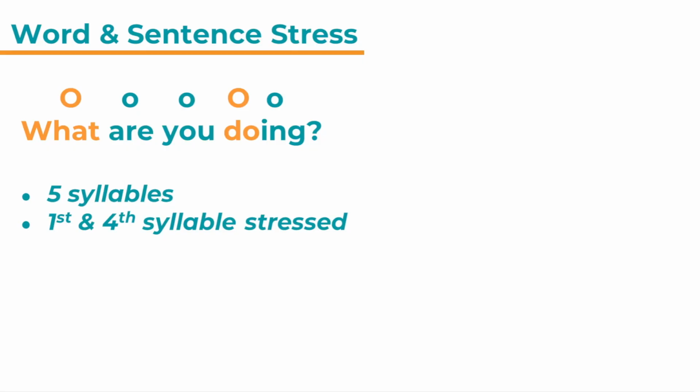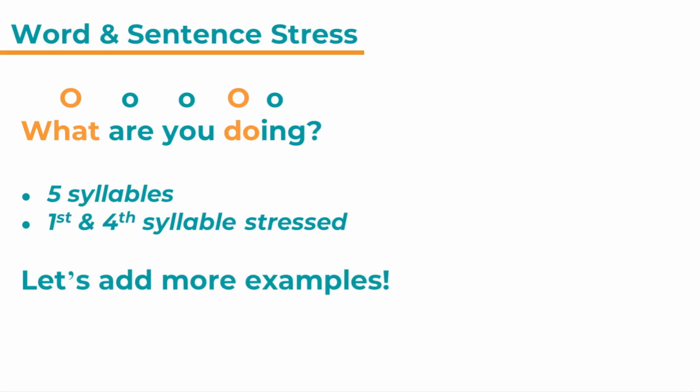We're going to use the pattern of this sentence that I just showed you. What are you doing? This will be our pattern, 5 syllables, and the first and fourth syllable are stressed. Sometimes it helps to hum the stress pattern so that you become a bit more familiar with it.